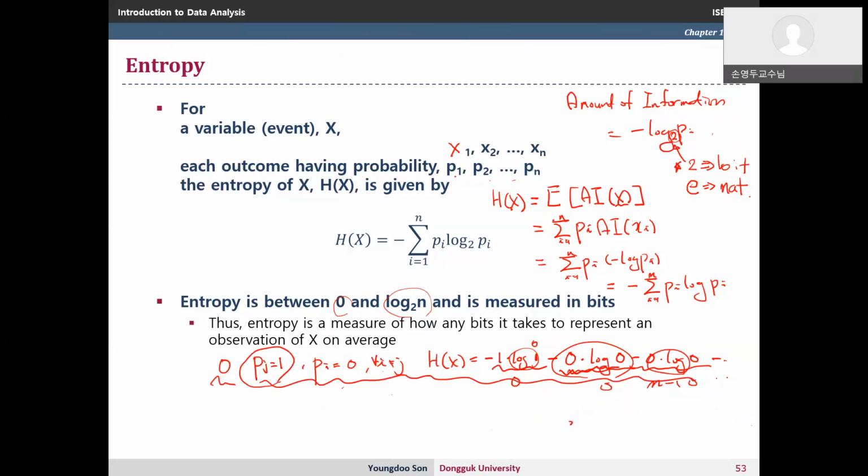So this event will not give any surprising result. We will not get any information from this event because before we see the result, we already know that the result will be outcome j. Okay.